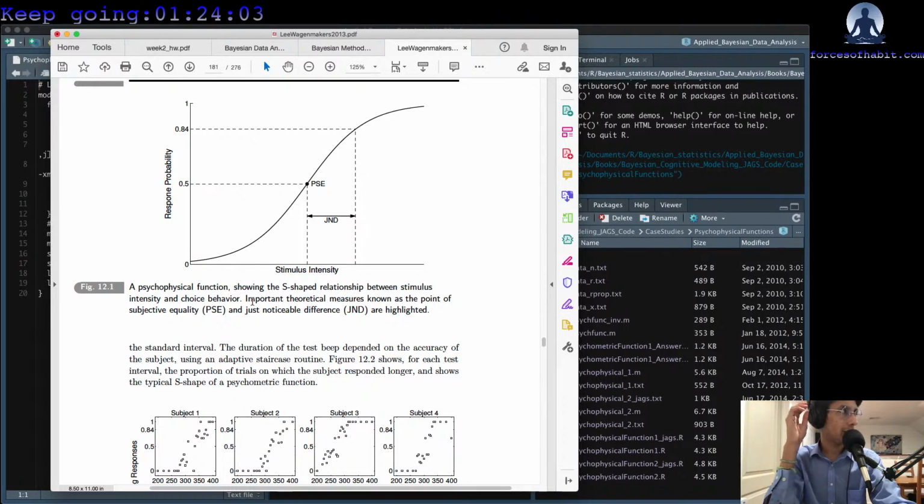So here we're demonstrating the theorized relationship between stimulus intensity and the probability that someone chooses one option or another.